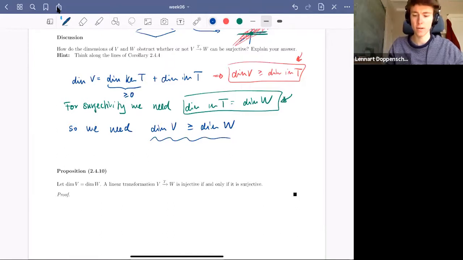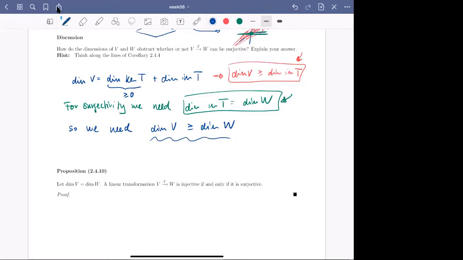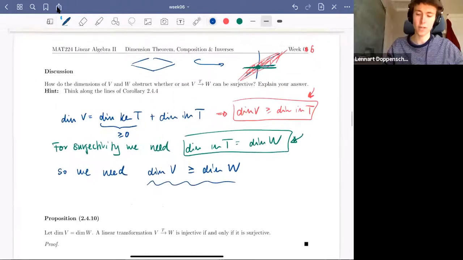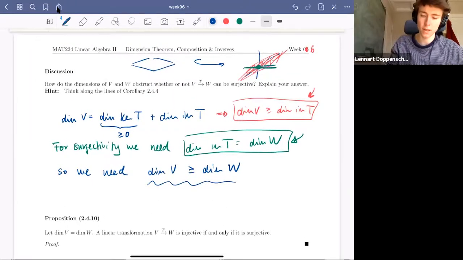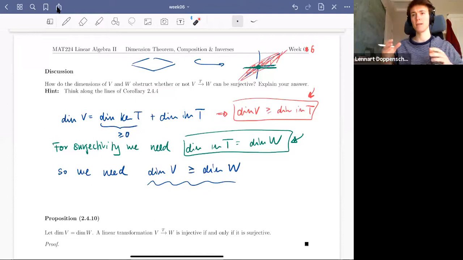Yes, Oliver. Can you just re-clarify again? Sorry. So yes. I said that this pink equation here is always true from the dimension theorem: the domain can't be enlarged in dimension when we map it to another space. So the image of the transformation always has to be less or equal to what we started with in V. You can't map a plane to R3 and make it bigger than 2 dimensions.